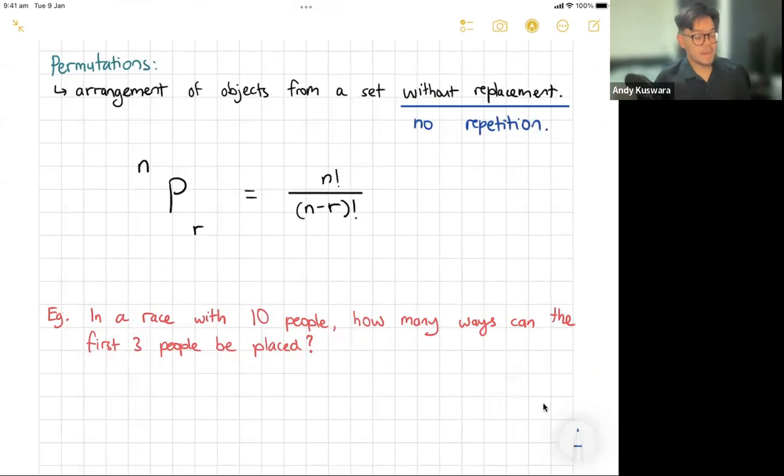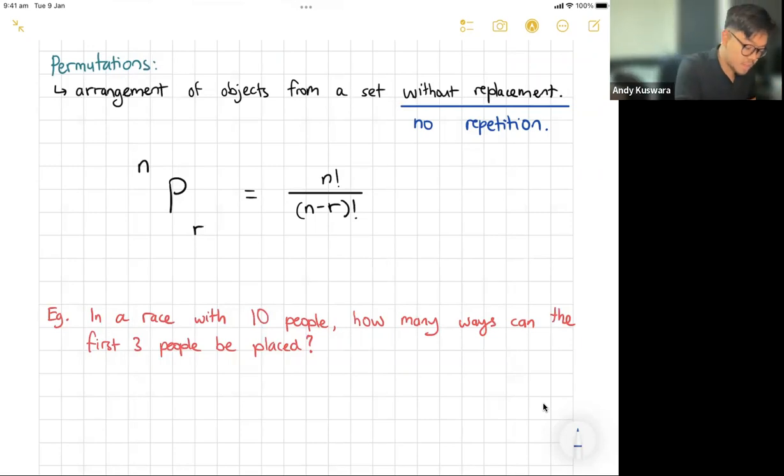I'll write that down. And we've got this fancy notation here. It says nPr. Now, P is on your calculator, next to your multiplication. It's literally shift multiply. That's where your permutation is.